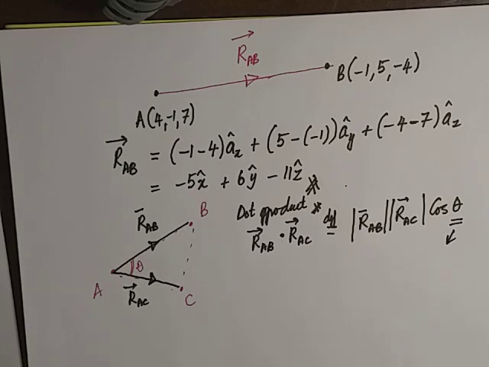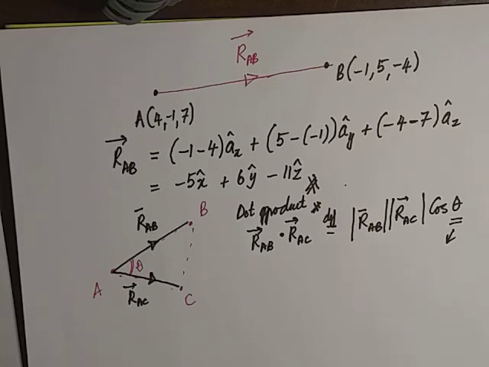Okay, by using this equation, because we are doing revision on dot product in this particular exercise. I don't have to solve this, I'm just giving you the idea here. I believe that most of you are able to do it.